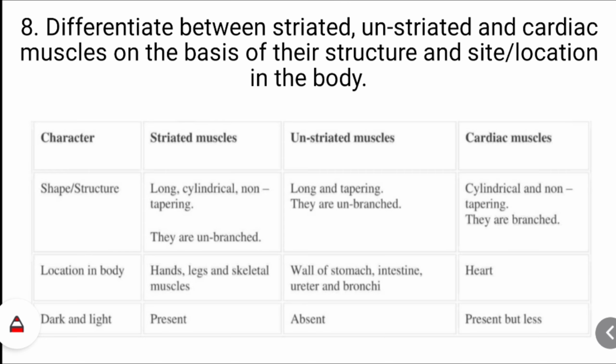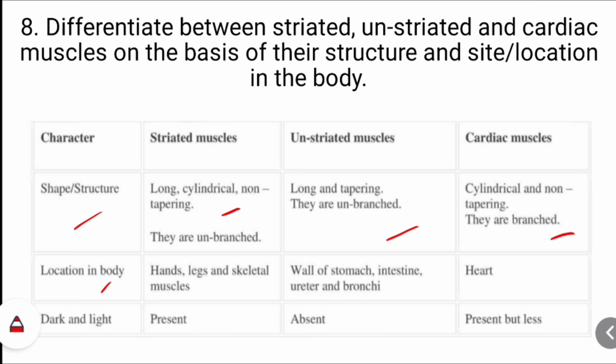Number 8: Differentiate between striated, unstriated and cardiac muscle on the basis of structure and location in the body. First, shape and structure: long, cylindrical, non tapering; long and tapering, unbranched; cylindrical and non tapering, branched.